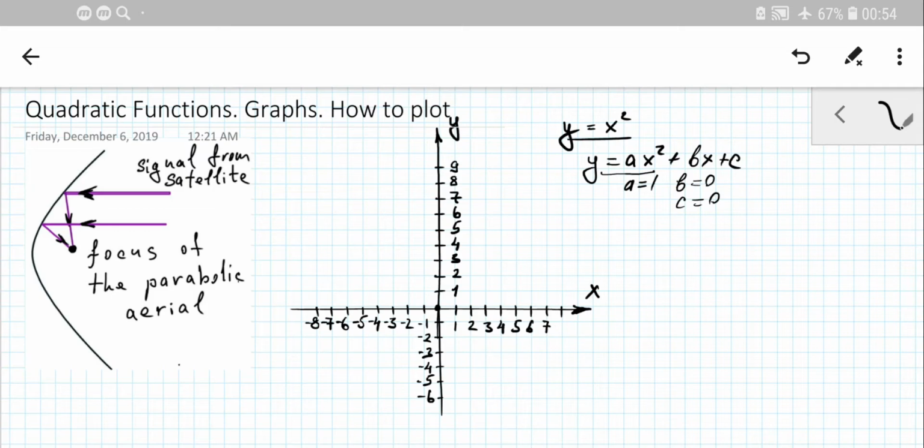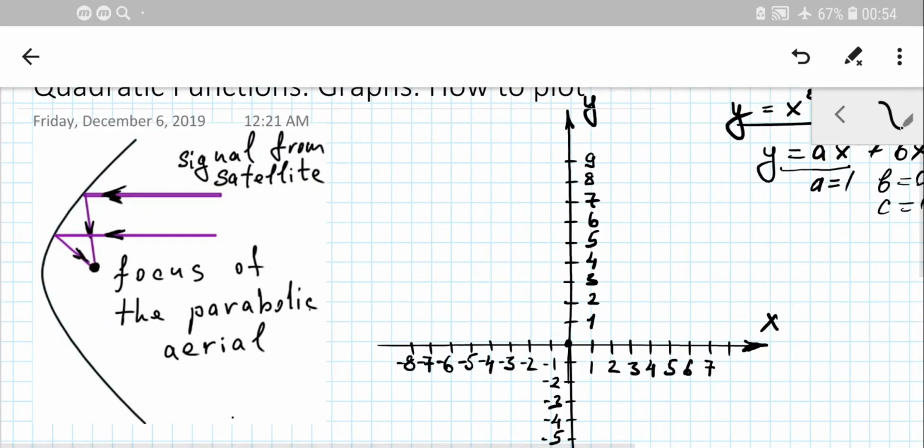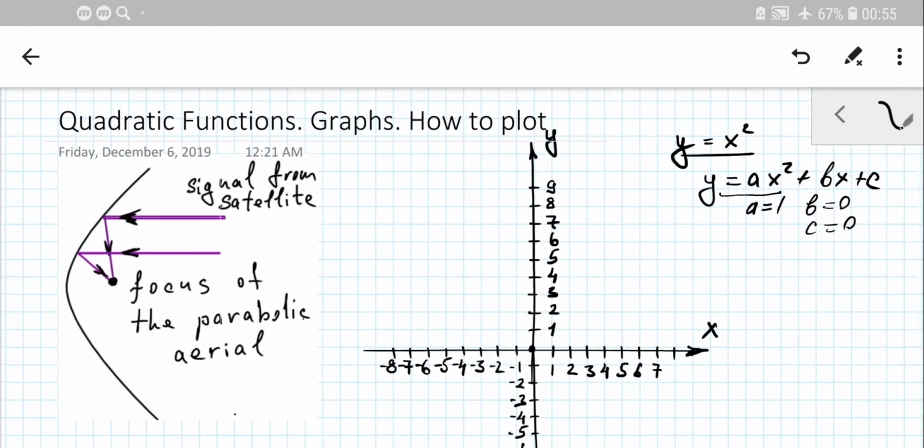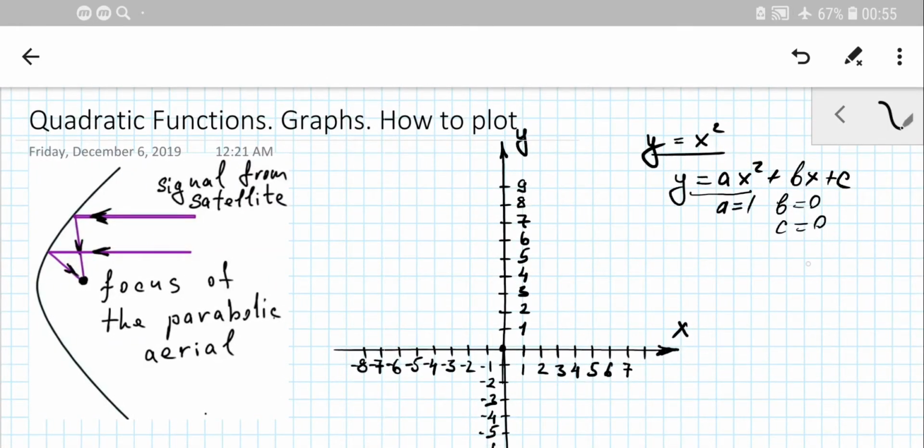Why? Here is a good example of why we use parabolas in real life and what sort of applications they might have. Let's consider a signal from a satellite. Let's say the satellite is somewhere far away from the antenna. They're trying to catch and trap the signal, and the receiver is situated at a specific point, the focus. The signal coming from the satellite looks like parallel lines going into the parabolic surface.